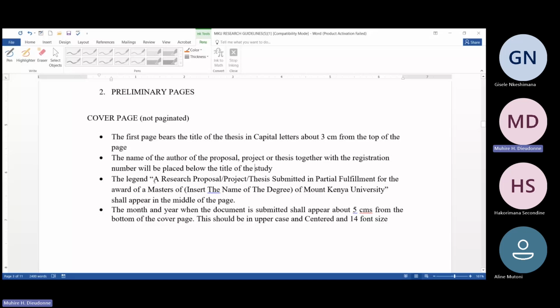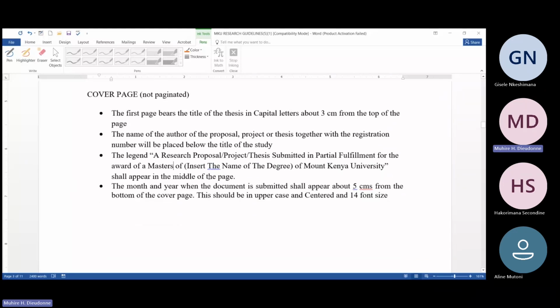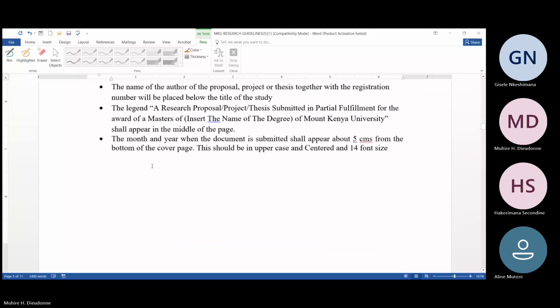And then this is the legend, depending on what you are doing: the research proposal or project or thesis submitted in partial fulfillment of the award of master's or bachelor's or postgraduate. Also you include the department. Month and year will be below, on the cover page, and also must be at 5 centimeters.